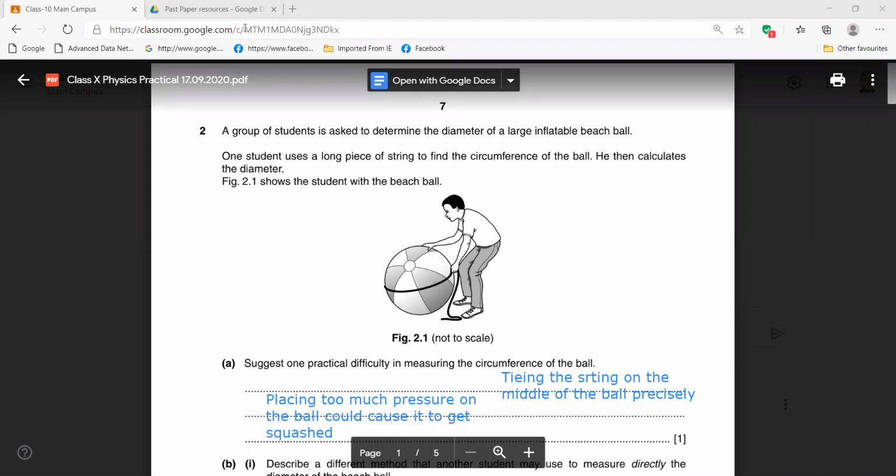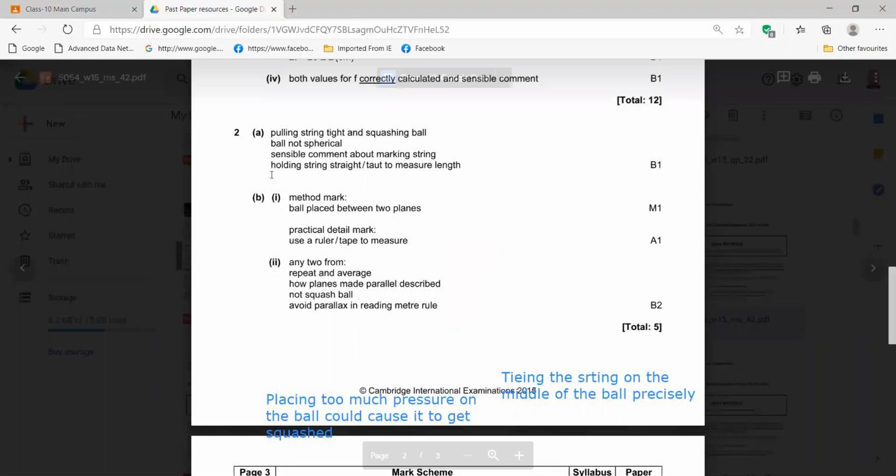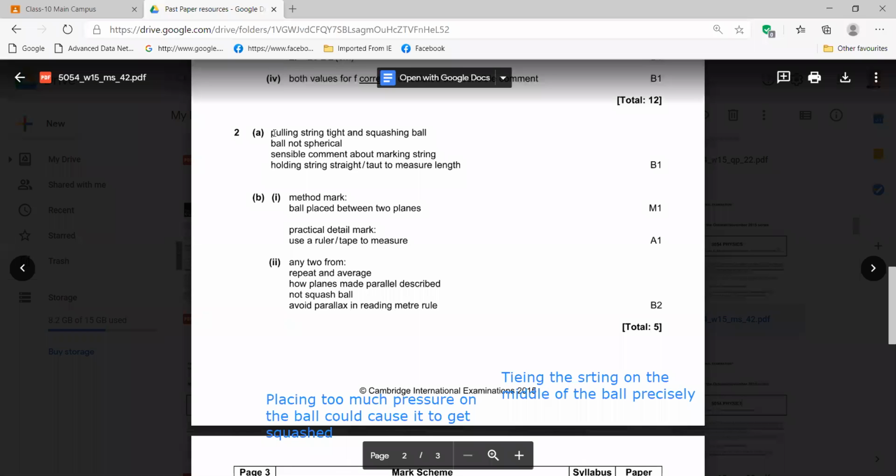Then we are checking from the mark scheme. You just have a look, you do not need to write. We have some other ideas over there. Look here: what Aisha told is the last. The first one, pulling string tight and squashing the ball.